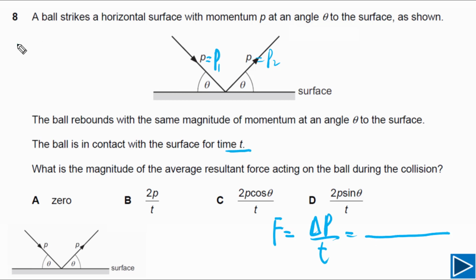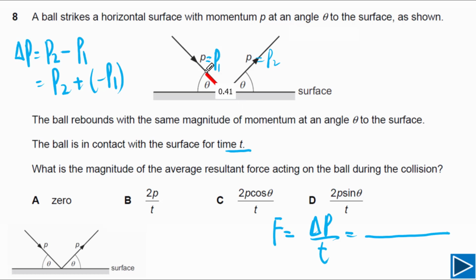But we need to find delta P. Delta P is equal to P2 minus P1. We can also write this as P2 plus minus P1. From here it means that we need to add two vectors, P2 and minus P1, and that will be equal to delta P. Minus P1 simply means that this vector has the same magnitude as P1 but its direction is opposite.